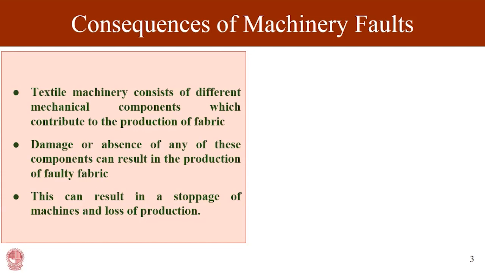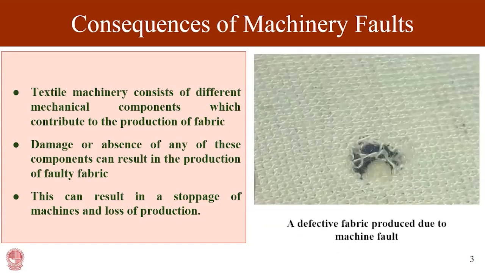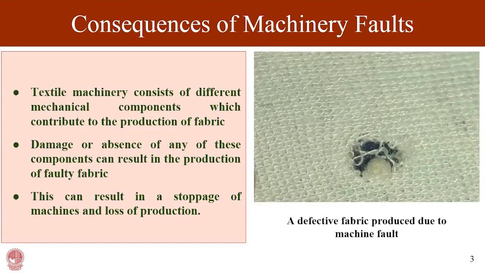Damage or a fault in any of these mechanical components of textile machinery can result in the production of faulty fabric. And faulty fabric causes the stoppage of machines and a loss of production, which finally results in loss of profit for the industry. In this figure, we can see a defective fabric is produced due to different types of machinery fault.